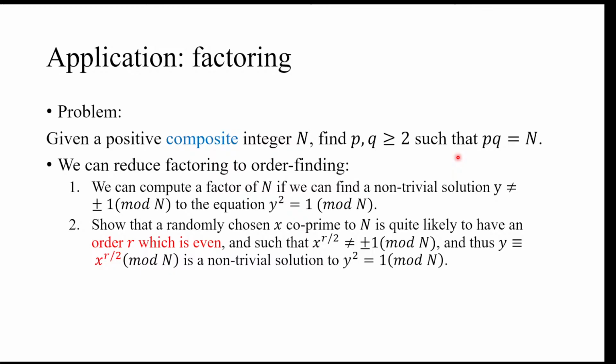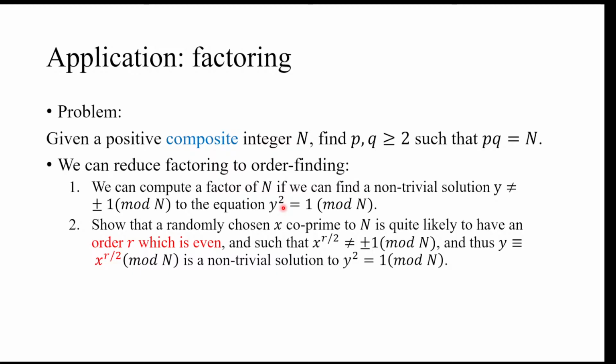We can find the order of some x mod n, and what we do is we'll just start with a random x and do factoring. So the idea is we want to find some y such that y squared equals 1, a nontrivial solution.